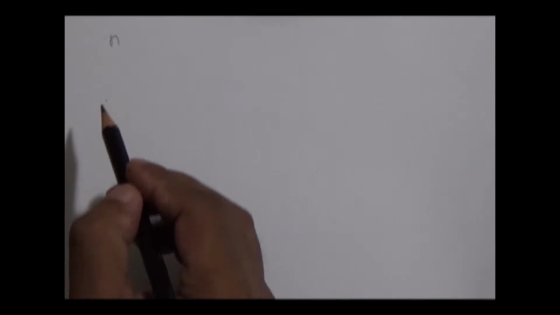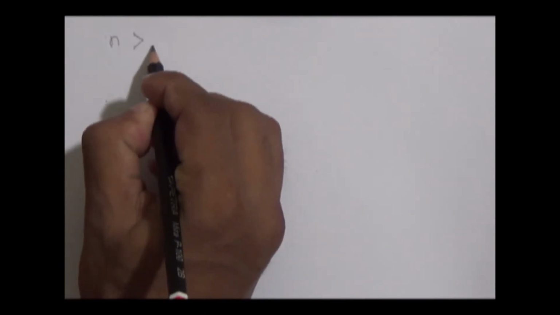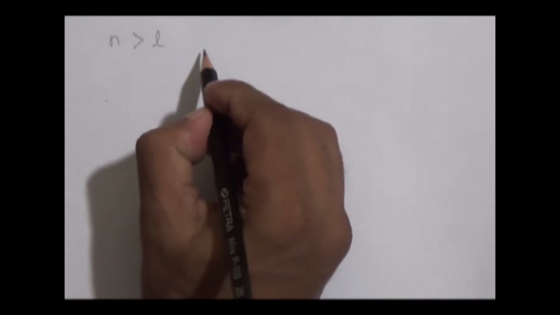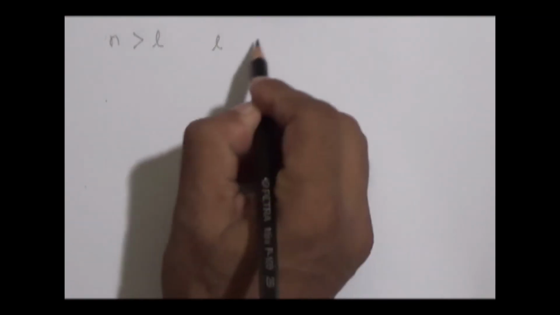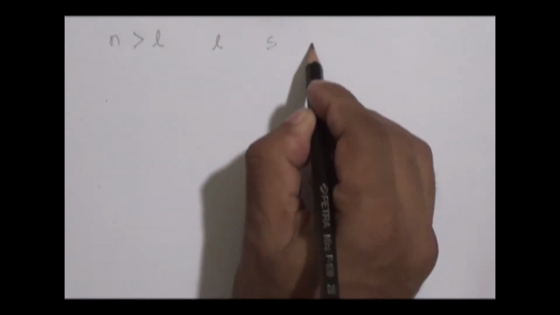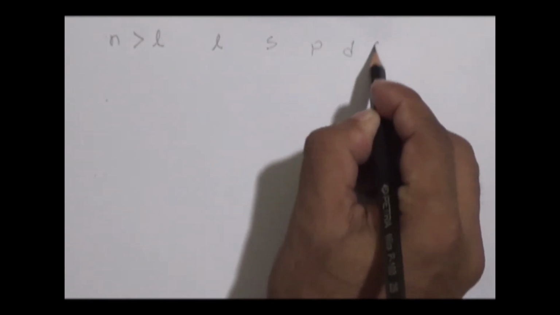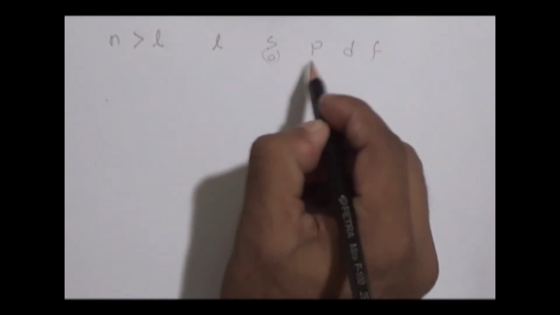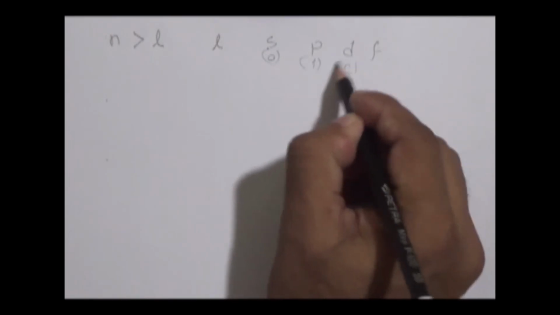The n always should be greater than l. n is the principal quantum number, that is orbit, always greater than the secondary quantum number l. So we know already the value of l for s, p, d, f orbitals are 0, 1, 2 and 3.